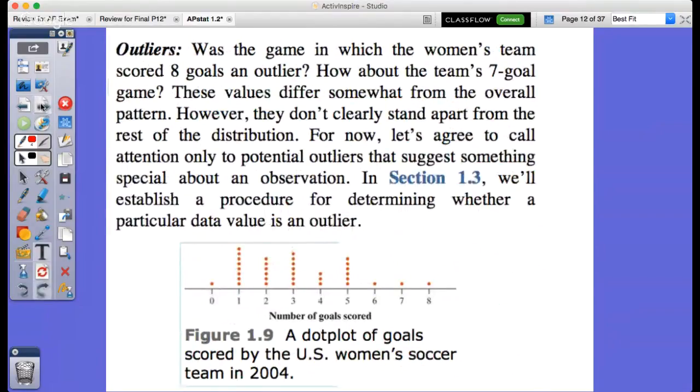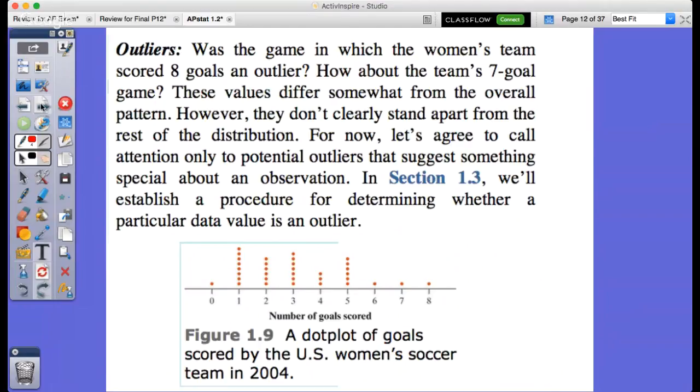And then finally, outliers. We look and see, is there any specific point within this distribution, this dot plot, that is away from the rest of the pieces of data? There's actually a formula to this. We'll talk about that a little bit later. But just know that if it's way away from all the rest of the pieces of data, we call that an outlier.